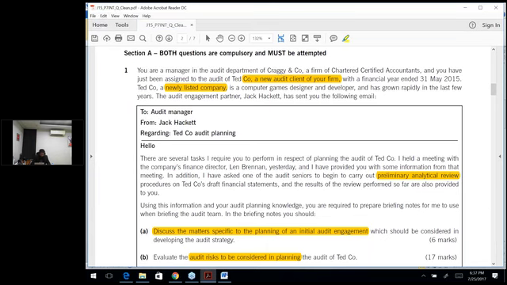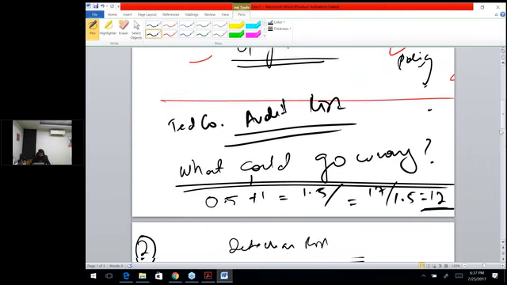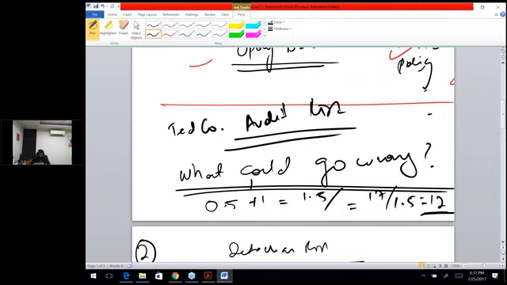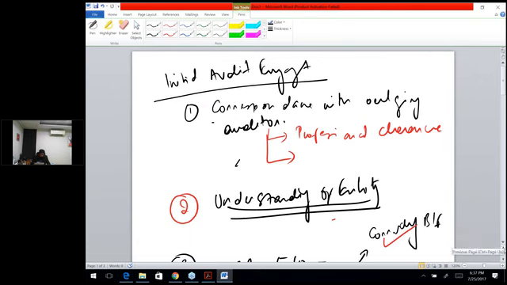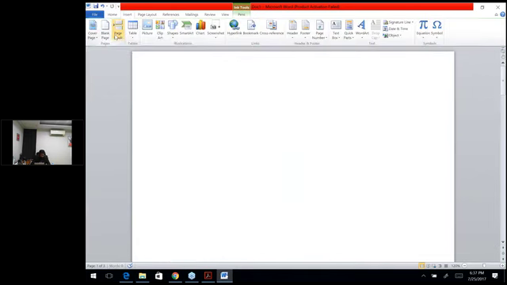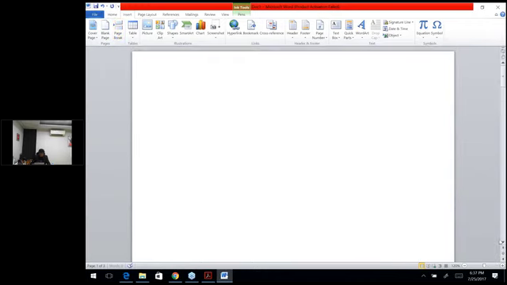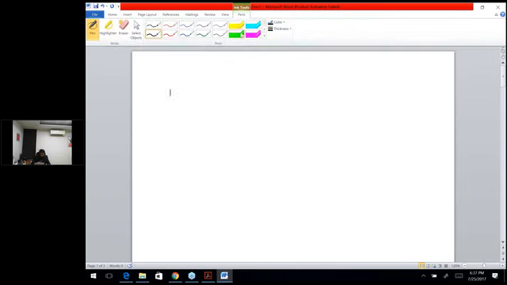Now, you would say why? First thing is, you've got a new audit client. So whenever you've got a new audit client, the detection risk is high. So number one risk is high detection risk.